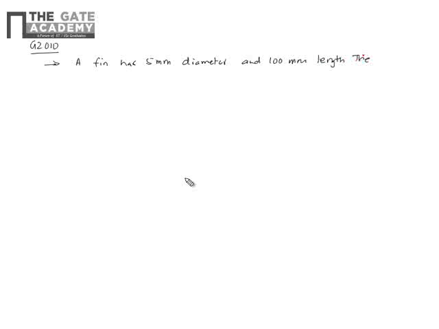The thermal conductivity of fin material is 400 watt per meter Kelvin.